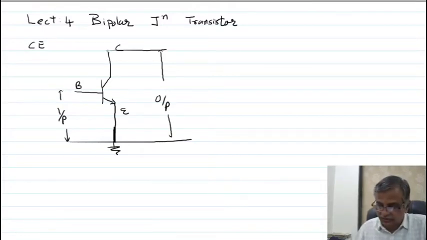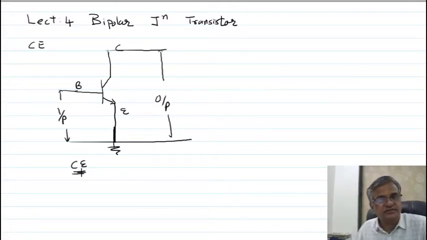You know that 4 terminals are required for any circuit. Here, this is one terminal, the second terminal, the third terminal, and this is also a terminal. This means this terminal is common between input and output. As a result, we call this the common emitter configuration.